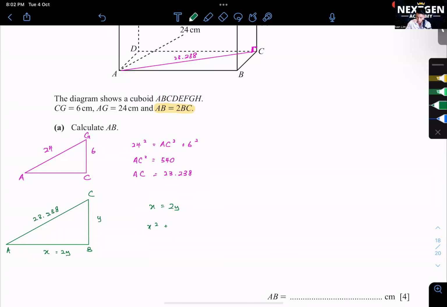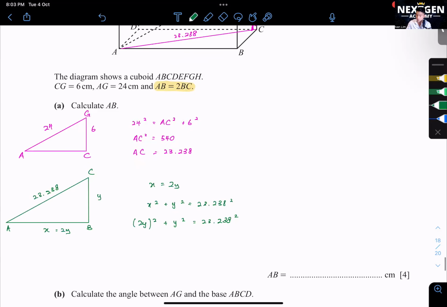X squared plus y squared equals 23.238 squared. I replace my x, it will become 2y. So this will be 2y squared plus y squared equals 23.238 squared. You can go and type this value down also.